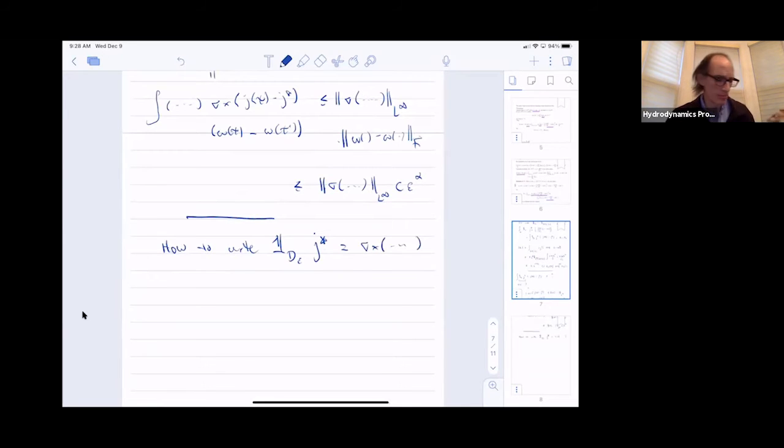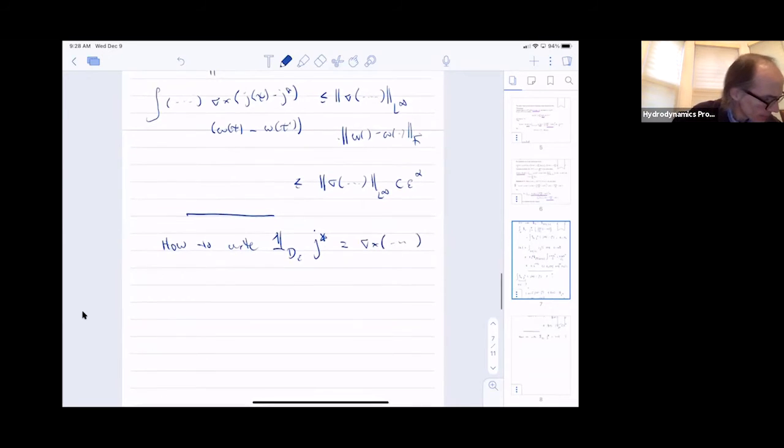Well, I can't quite do this, but recall, so I'll do this with error terms.